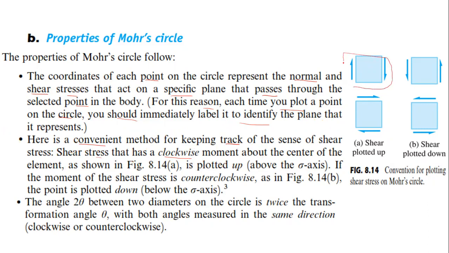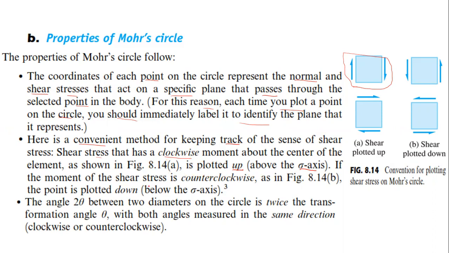So this shearing stress is clockwise, since its rotation follows the clockwise rotation. It is plotted up, so if clockwise, it is plotted up or above the sigma axis. Meaning it is above the horizontal line, so that is our positive treatment.